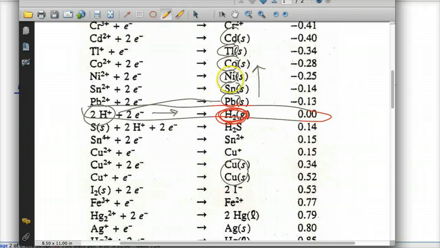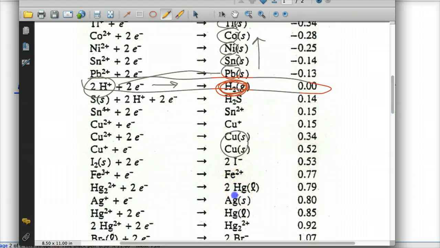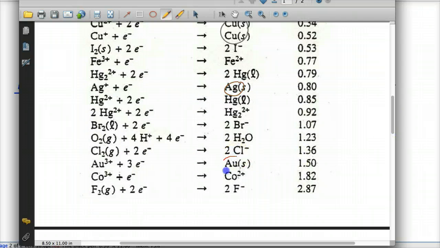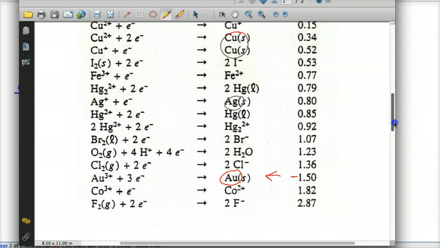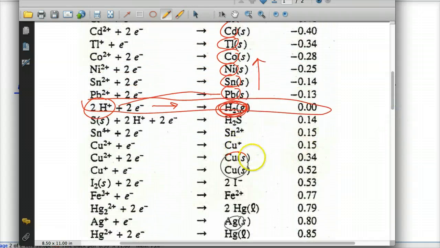So only the metals above the H2 make hydrogen gas, whereas you can see that silver, and if we go down even farther to gold, the unreactive element who hates to oxidize going in that way, is not going to make it, and it makes sense. We use copper pipes or sheathing. It's not a very reactive metal.